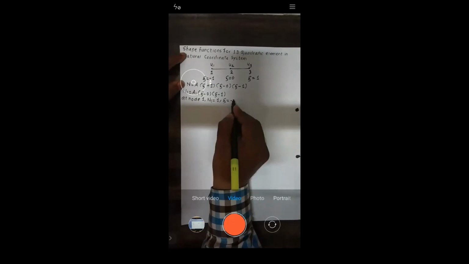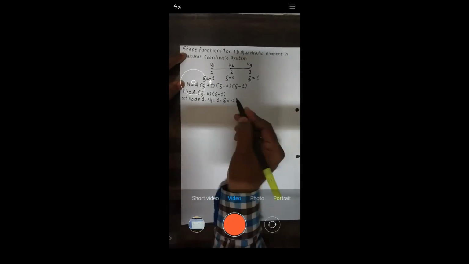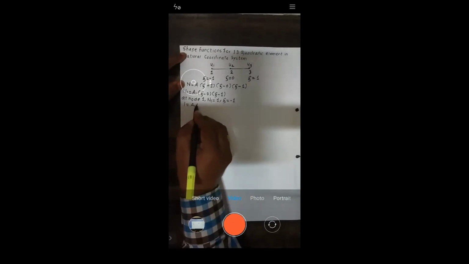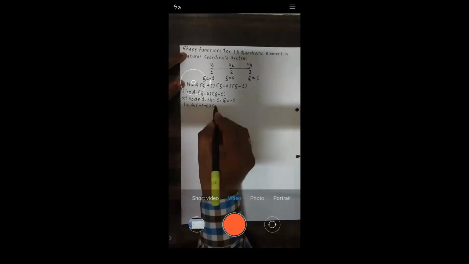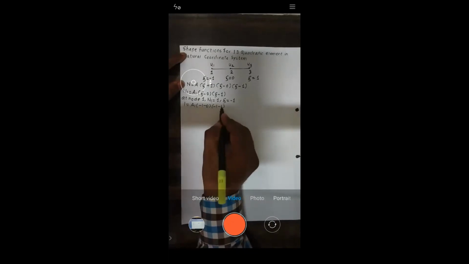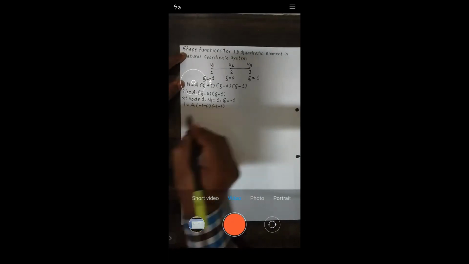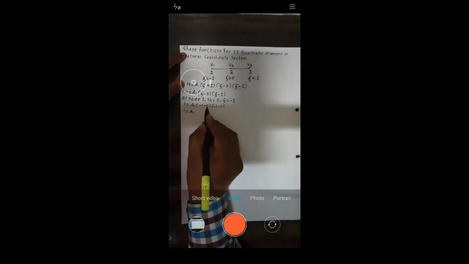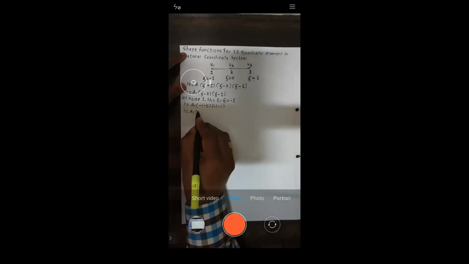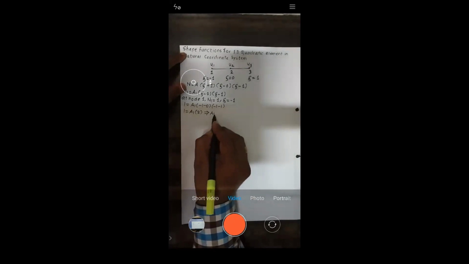So put that value: 1 is equal to A1 times (minus 1 minus 0) times (minus 1 minus 1). So 1 is equal to A1 times minus 1 times minus 2, which is 2. So A1 is equal to half. Is it okay?